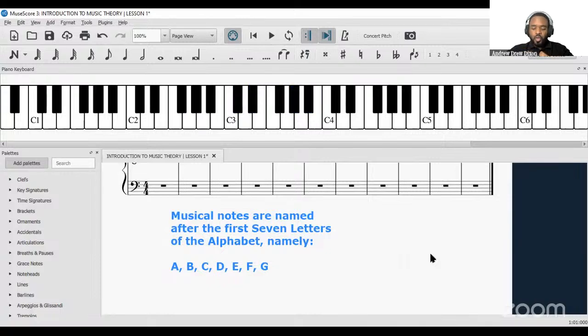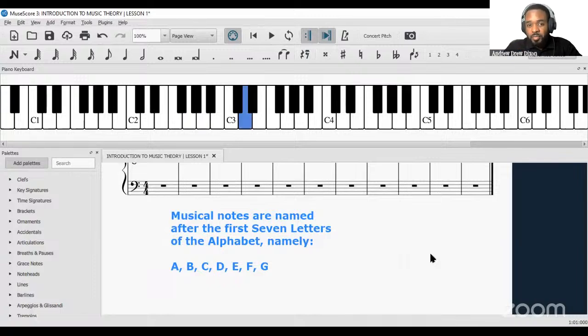Now, how do we name the black keys? Well, we give the name of the white key plus an additional sign, and that gives us the name of the black key. So, for example, this one, as we said, is C. To the right of C, we would call this one C sharp.